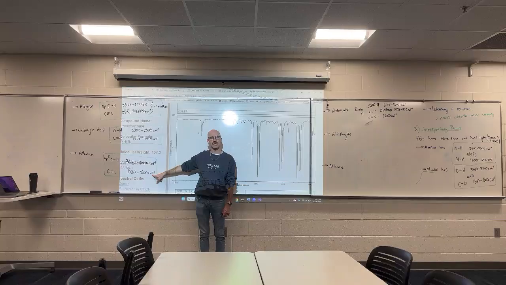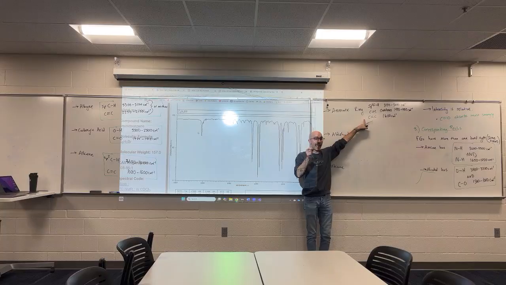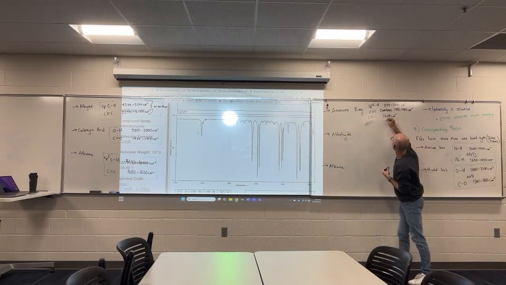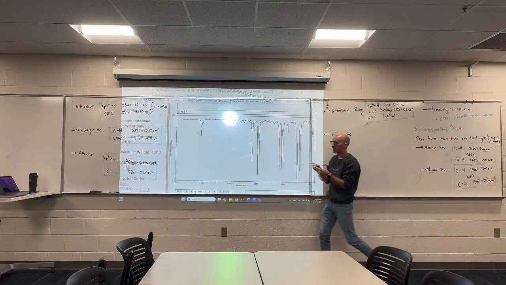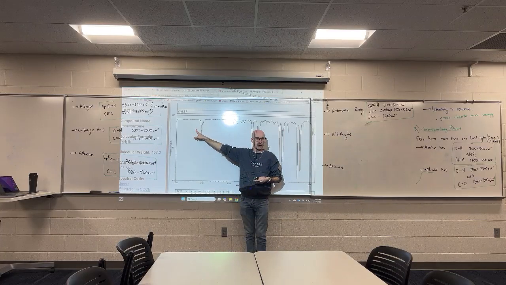If it's an alkene, the CC double bond might be at 1600, but if it's well above 1600, it's probably an alkene. If it's right at 1600, and especially if I see some aromatic overtones, then I know the sp2CH belongs to an aromatic ring and not to an alkene.